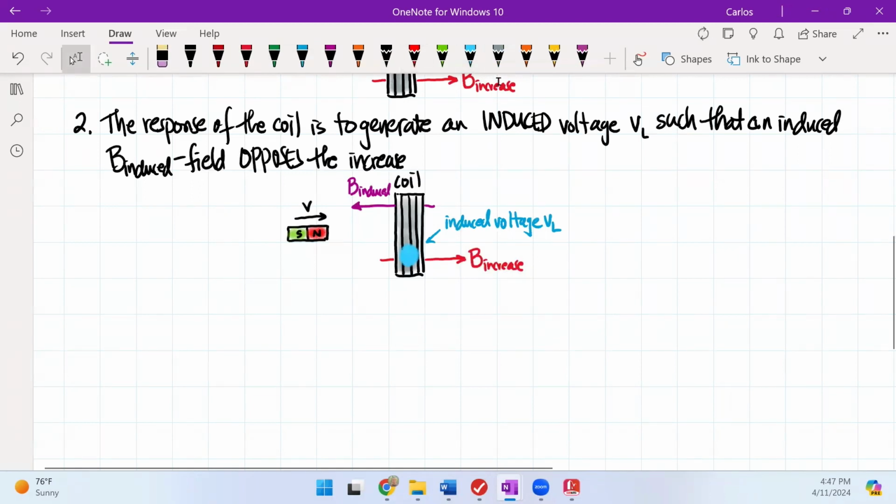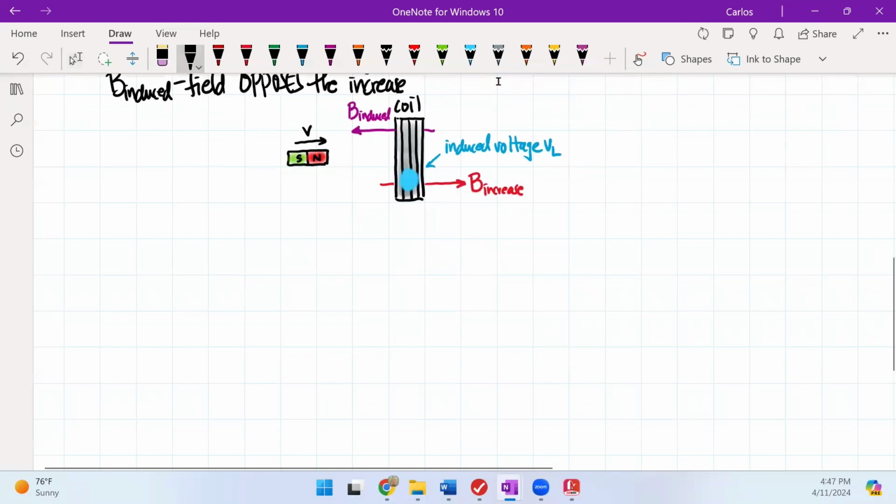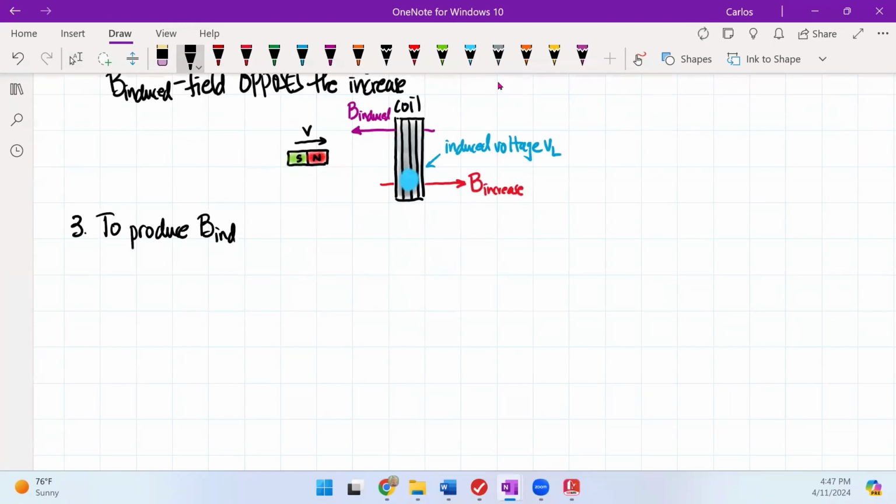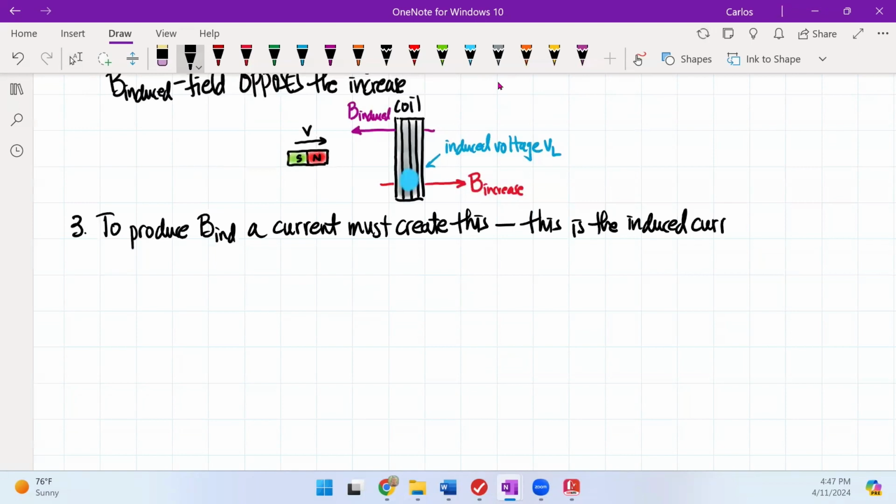So now, what does that induced voltage do? Third, to be induced, a current must create this. This is the induced current, I induced.